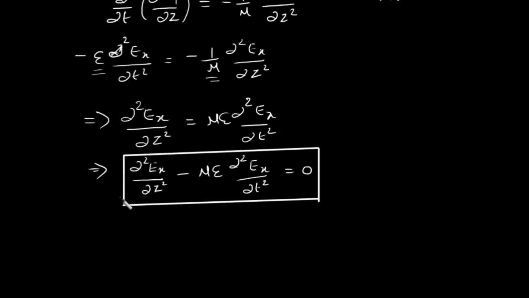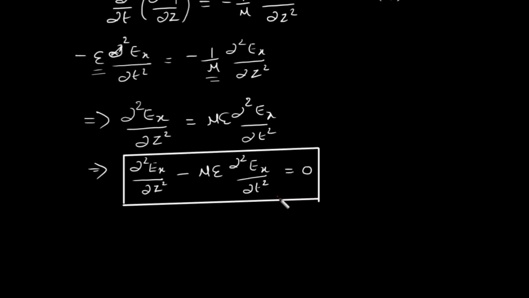Or in other words, if you could analyze the behavior of a uniform plane wave with respect to this equation, it is true for the magnetic field also, because it is going to have the same phase, it is going to have the same magnitude.